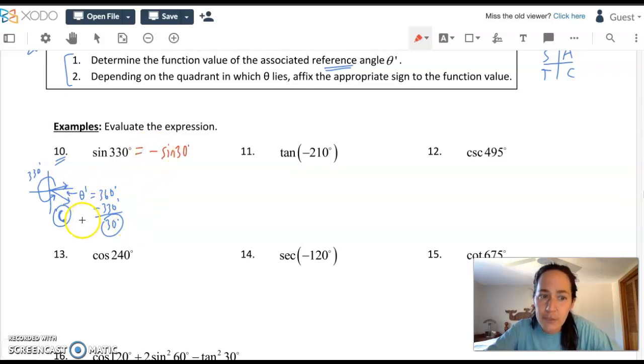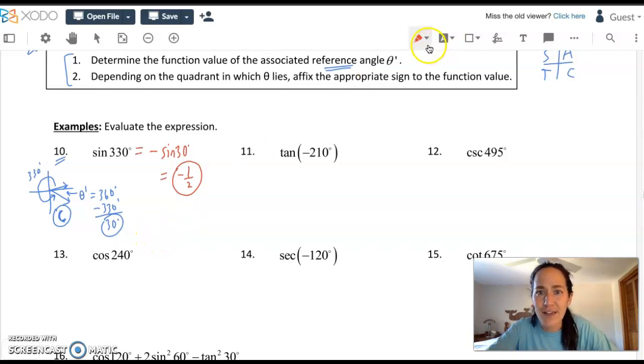But since we're in a quadrant where only cosine and its reciprocal are positive, we'll keep this answer negative. If you need to, glance up to the table. Maybe you're just getting so used to the sine of 30 now that you remember it's going to be a half. Negative 1/2 is your exact value. We didn't reach for a calculator, and we came up with an answer for a quadrant 4 angle.